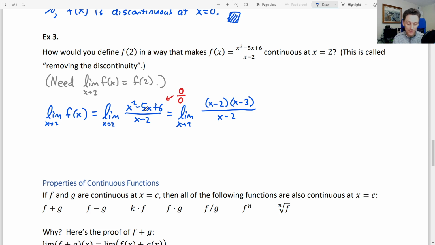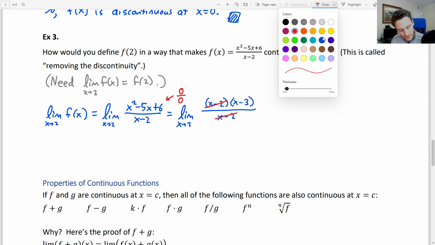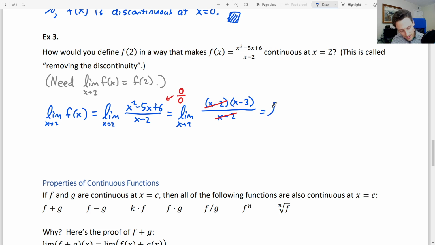So zeros correspond with factors, and so you know x minus 2 has to be a factor. Now inside the limit, we can cancel off this factor of x minus 2, and we're left with x minus 3. That's just a polynomial. So now we can just plug in the x value that we're approaching, and we get negative 1 overall for this limit.